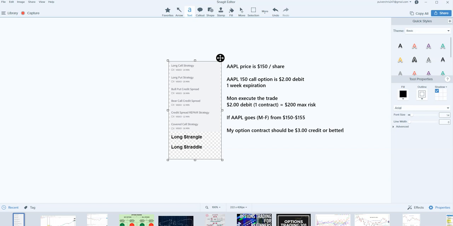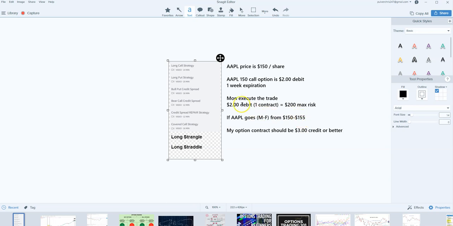And I want to tell you how I get that math. I'm doing the 150 call option, but I paid $2 for it. So technically my break even is going to be $152. Now, if price by closing bell Friday, if I have a Friday expiration, is trading at 155, that means that I have legitimately $3 of actual value in that trade.